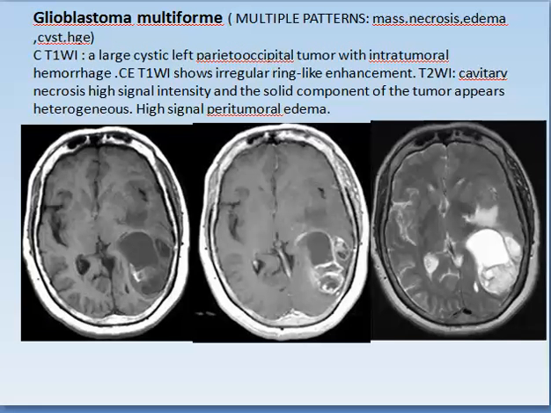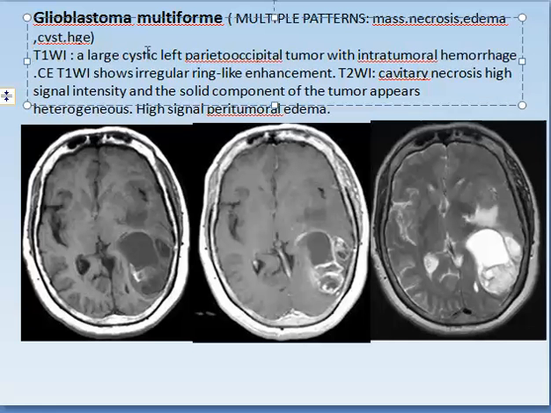Another case of glioblastoma multiforme with crossing to the other side, showing the mass, necrosis, edema, cystic change, and hemorrhage. This one is the T1 weighted images: large cystic left parieto-occipital tumor with intramural hemorrhage.